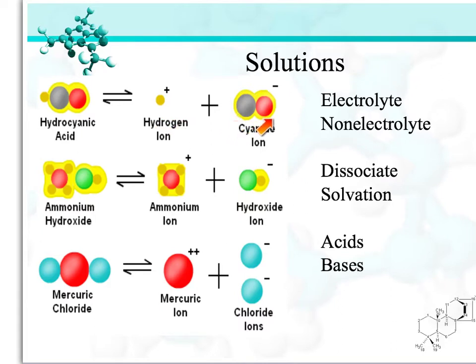When we put these in water, these are the ions we get, and therefore that makes it an electrolyte. If a substance does not dissolve in water and does not dissociate, then it's generally referred to as a non-electrolyte. And of course the word dissociate means that they're going to separate, right?